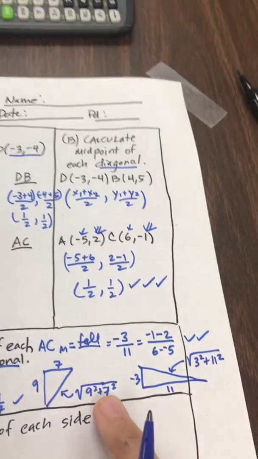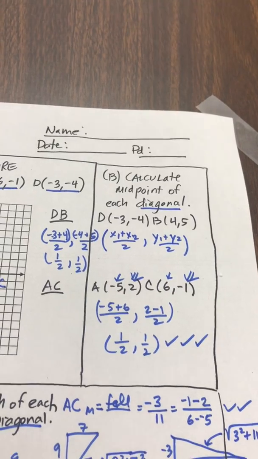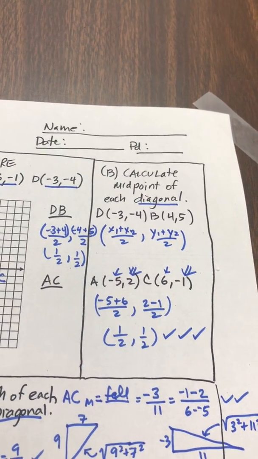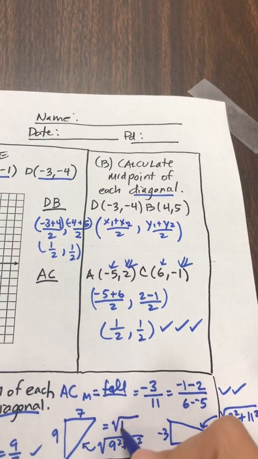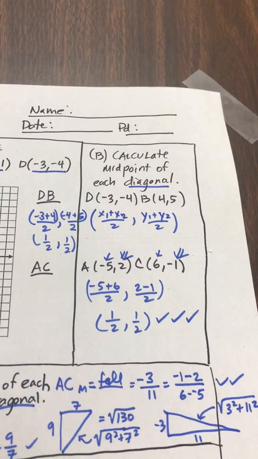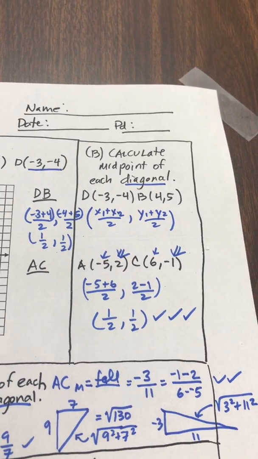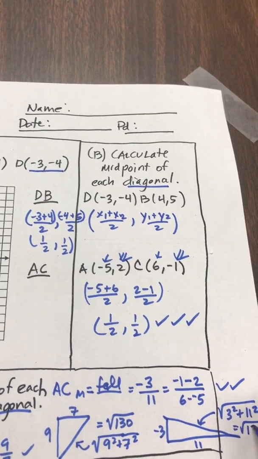So technically, I can use the distance formula or this. So we'll do that. That'd be 81 plus 49. So this would be the square root of 130. Okay, and that would be 121 plus 9. Ooh, this is also the square root of 130.